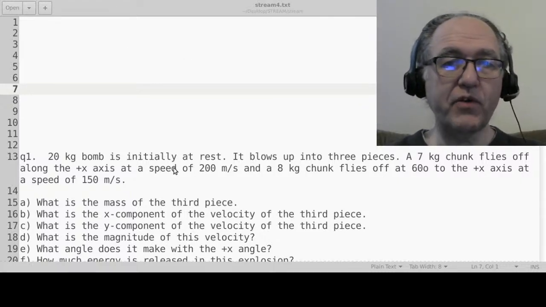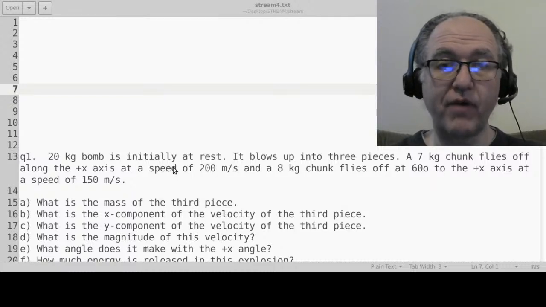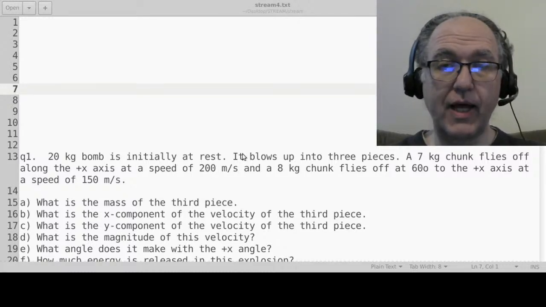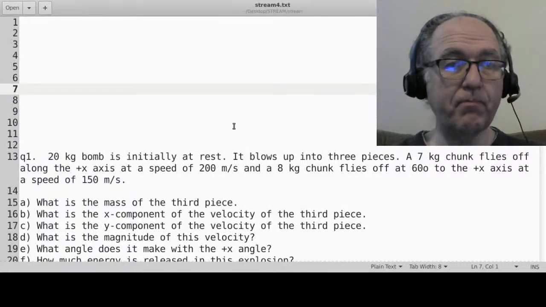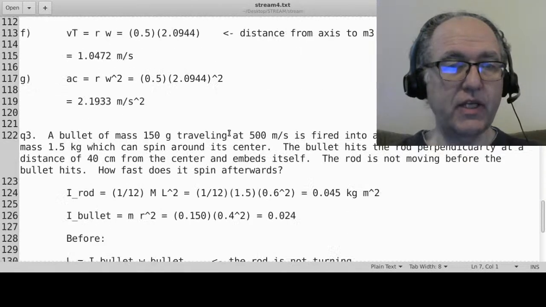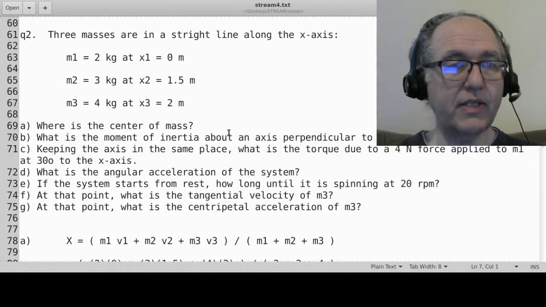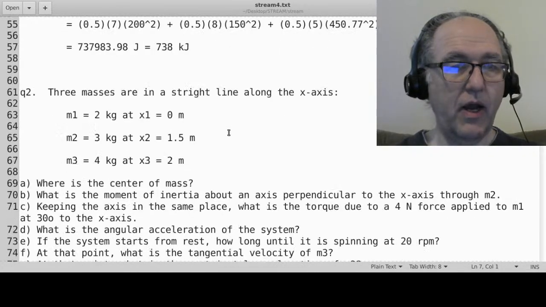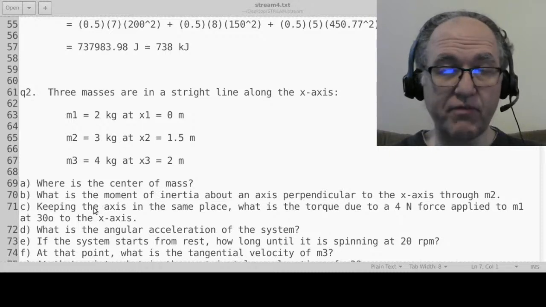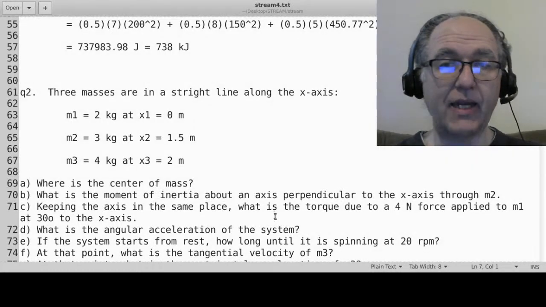The first one is going to be a combination of rotational, of two-dimensional conservation of momentum. Our second problem is going to be a combination of center of mass, moment of inertia, rotational dynamics, and rotational kinematics.